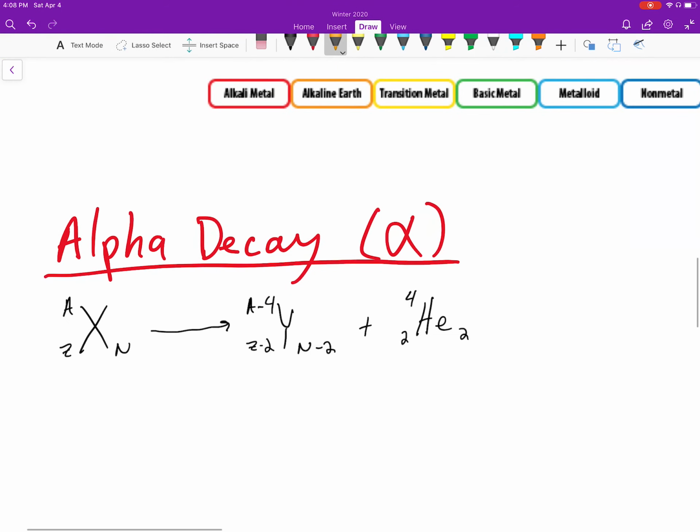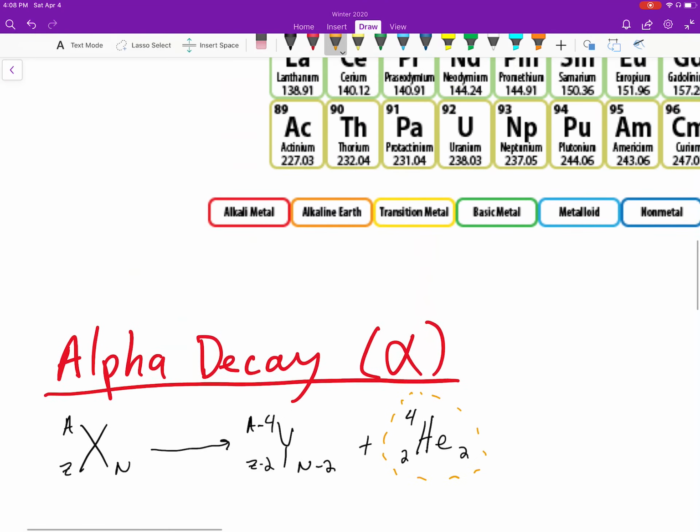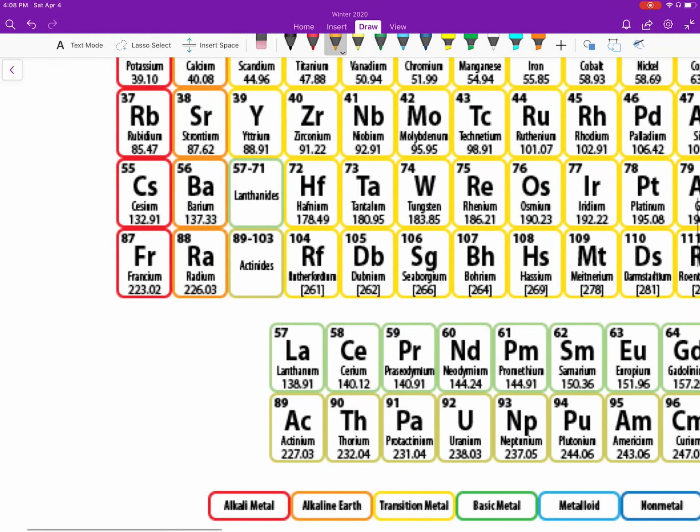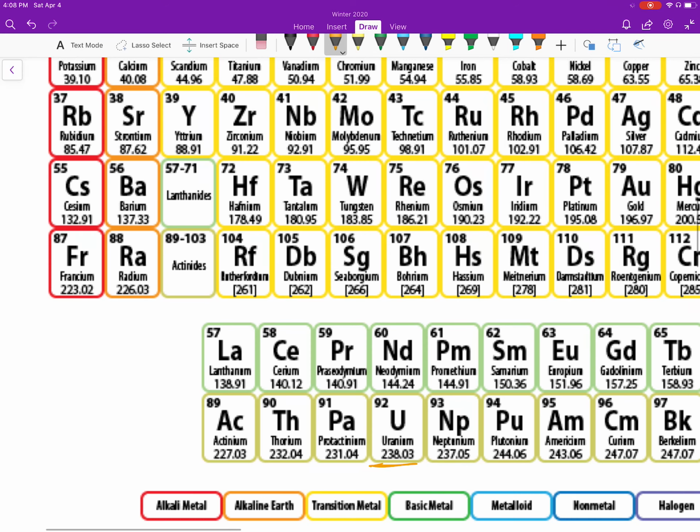Alpha decay, the most important thing is to understand that a helium nucleus is emitted. This is for those huge elements. Let's say something like uranium, which we've already written here.